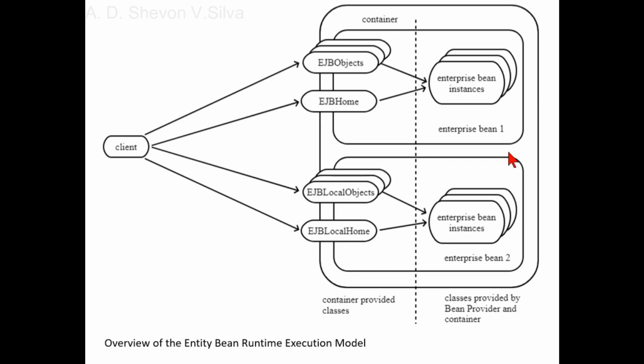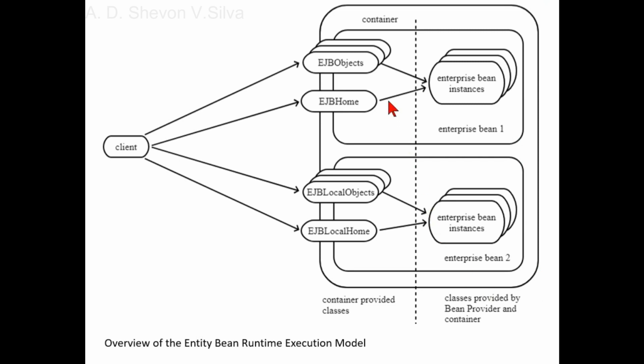The concrete bean class is generated by the container provider's tools at deployment time. The container is also responsible for providing the implementation of the java.util.Collection classes that are used in maintaining the container managed relationships of the entity bean.